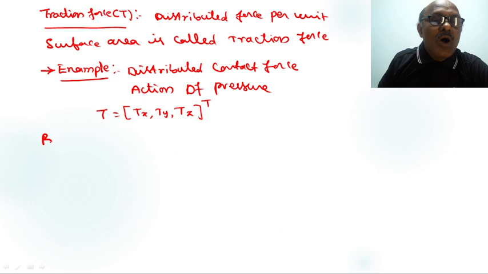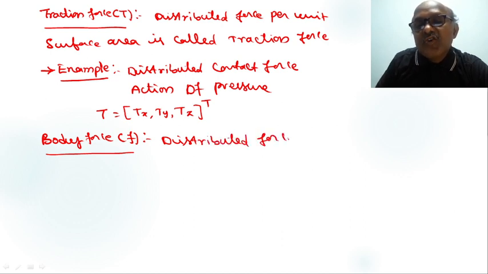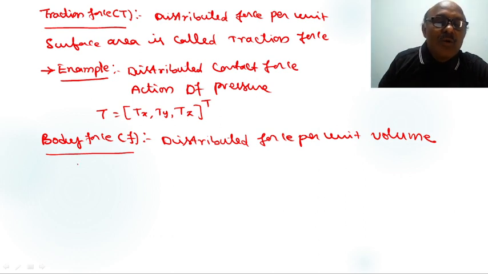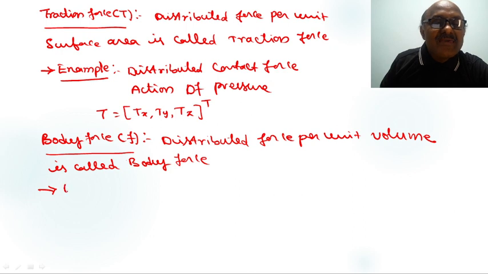Now coming to body force. What is a body force, my dear student? It is represented by the letter F. Distributed force per unit volume is called body force. What is the example for this body force, my dear students?